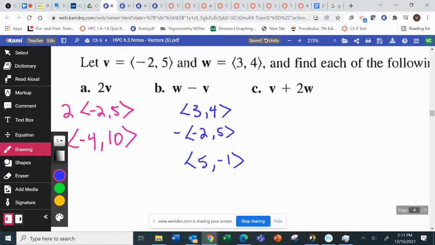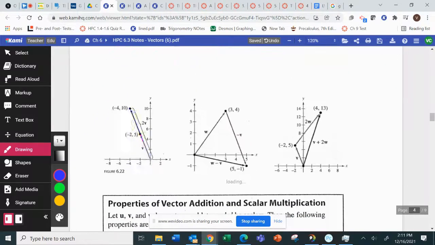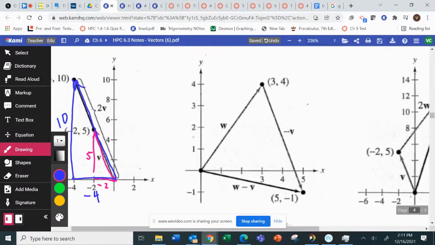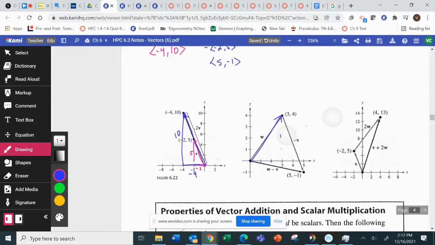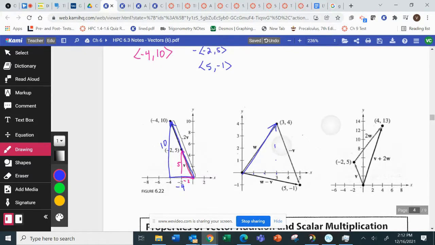So if I start 3, 4 at the origin, I'm going to go 3 right, up 4. Then here's vector W. Then to the end of vector W, we're going to subtract negative 2, 5.